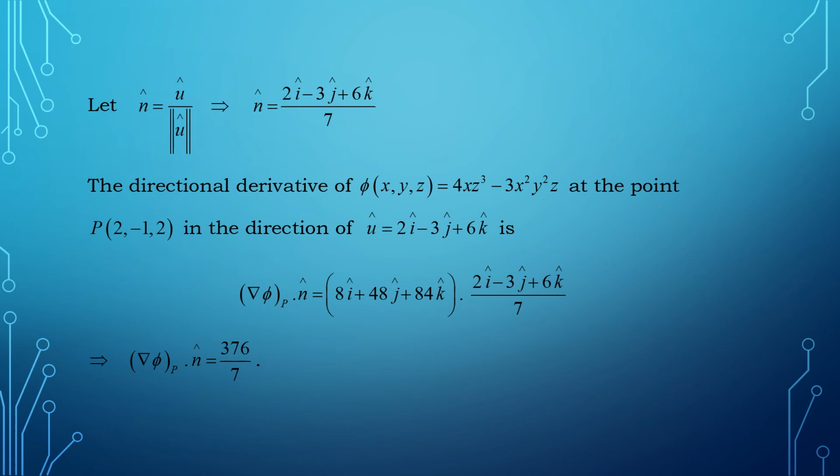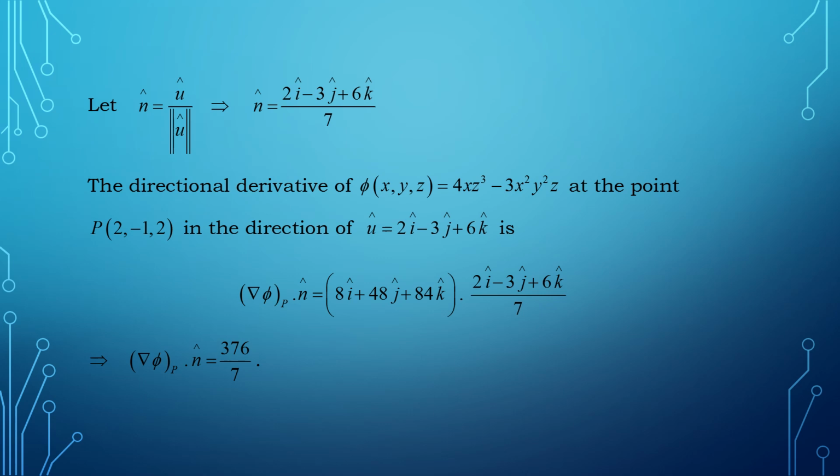To find the directional derivative of phi in the direction of u cap at the given point P (2, minus 1, 2), we need to find the dot product between the vectors del phi at P and the unit vector n cap.